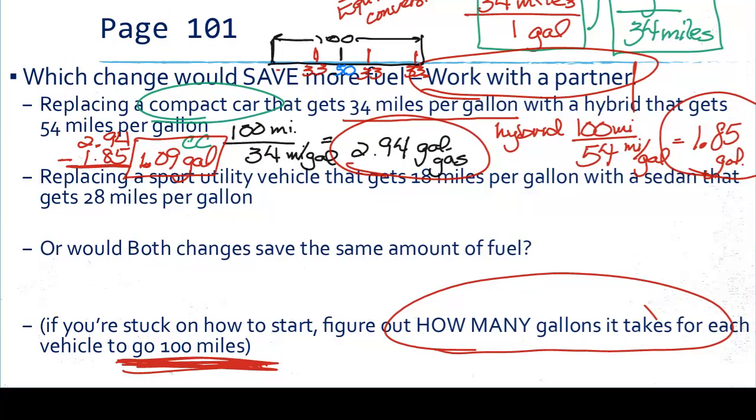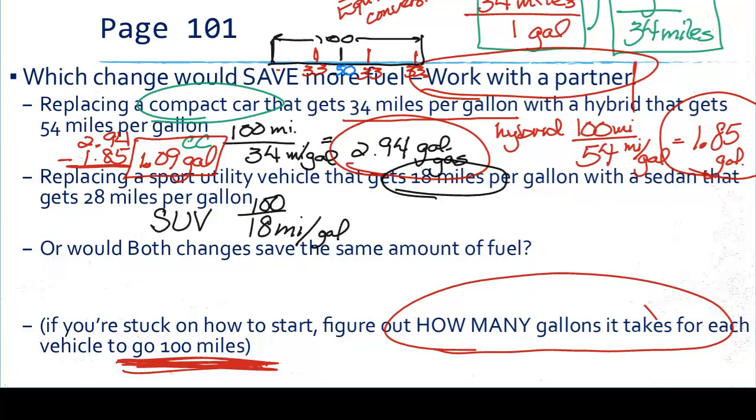I mean, pretty good. So let's take a look at our SUV. In 100 miles, if we divide that by 18 miles per gallon, that is a big gas guzzler. 18 miles per gallon.